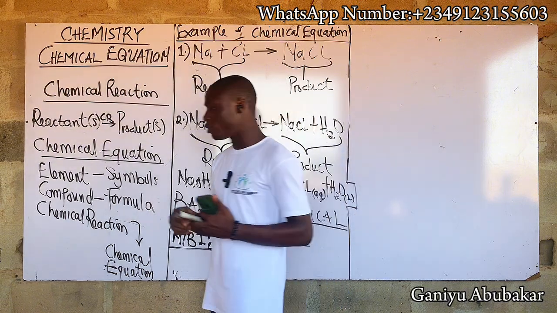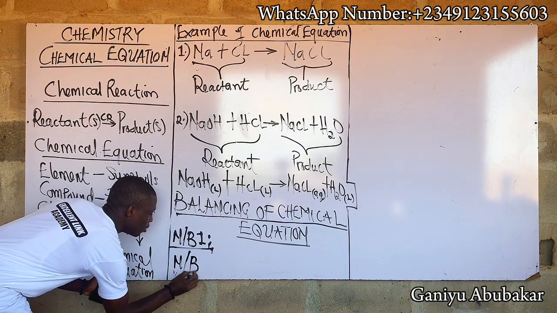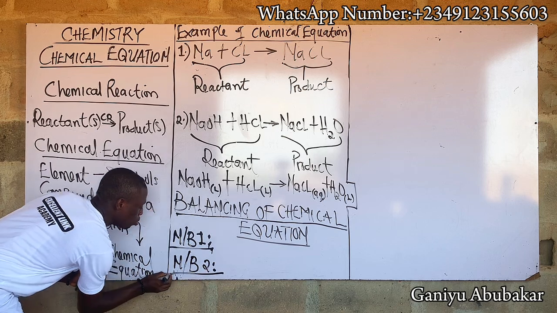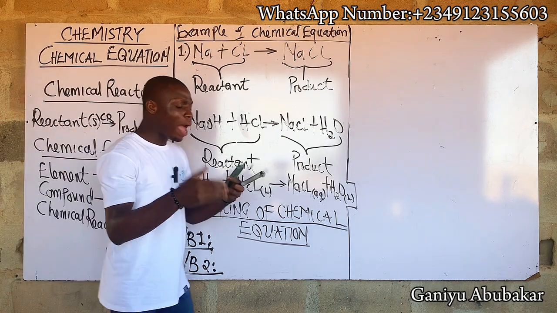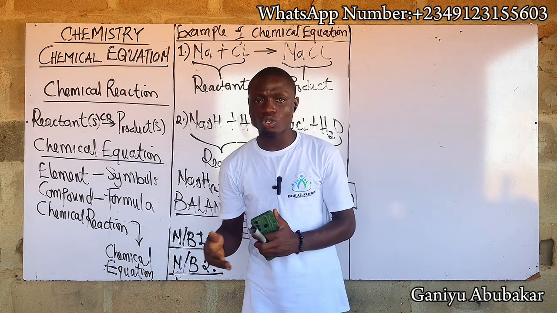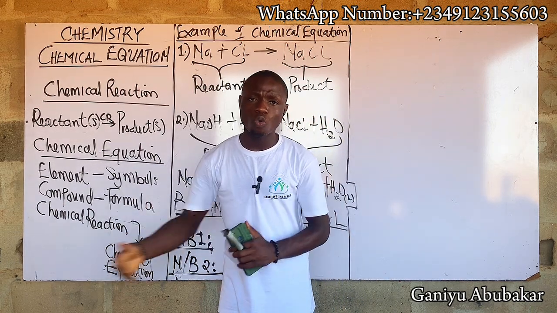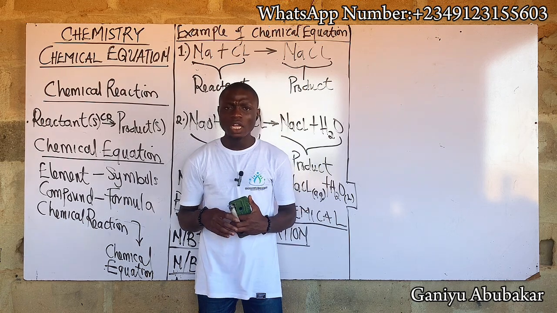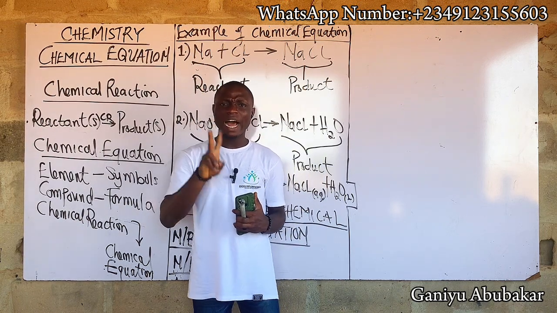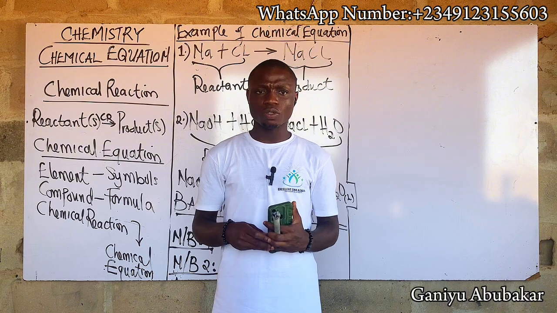Number two: while balancing chemical equation, subscripts are not used. Subscripts are not used, just whole number coefficients. These two things are going to be considered when we start balancing chemical equation.